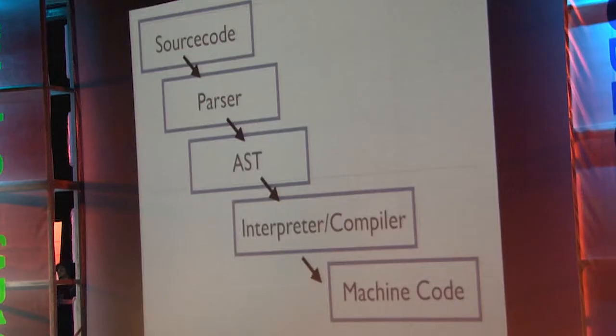Whenever you have source code that you want to execute, it doesn't matter what language, you usually have a parser that parses the source code into an abstract syntax tree, an AST, that is just a representation of your source code that's easier to work with by another computer program. So source code is for humans, AST is for another program, but it's just a different representation of what you had in source code.